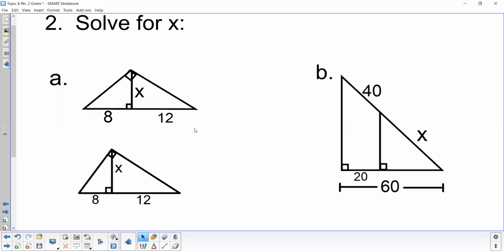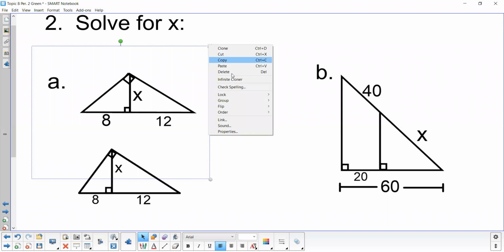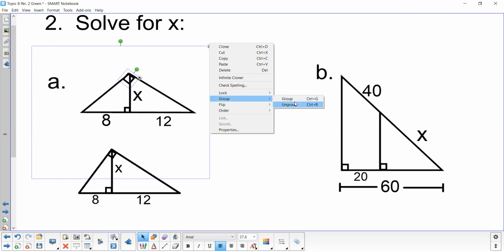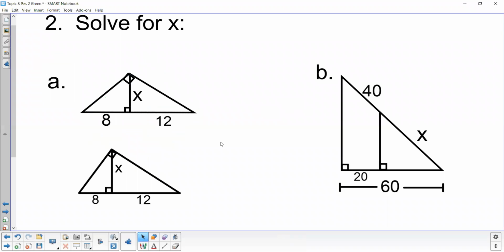Hey, so not that it impacted you guys, but I think I remade my diagram so that it's a little bit more drawn to scale here.